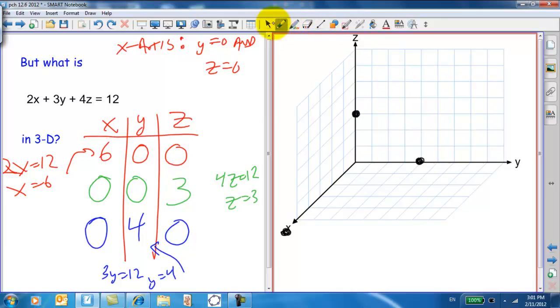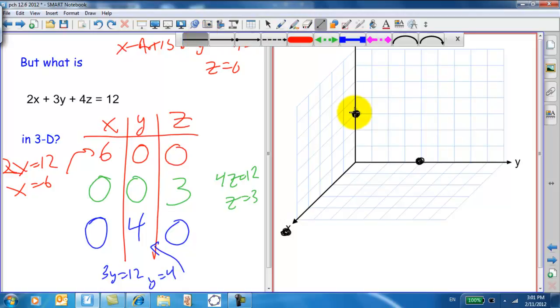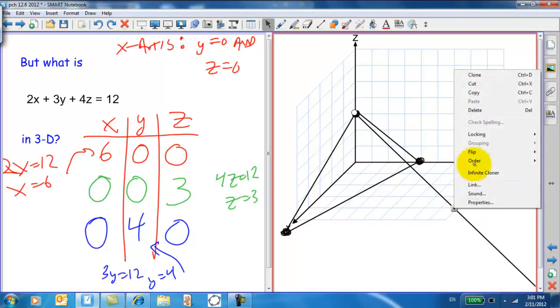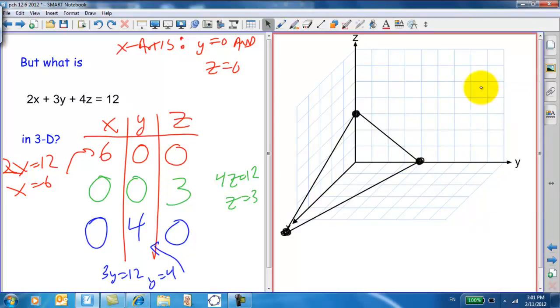And let's connect them with some lines. Oopsie, that went way off the table. There you go. There's one, there's another one, and there's another one. Okay.